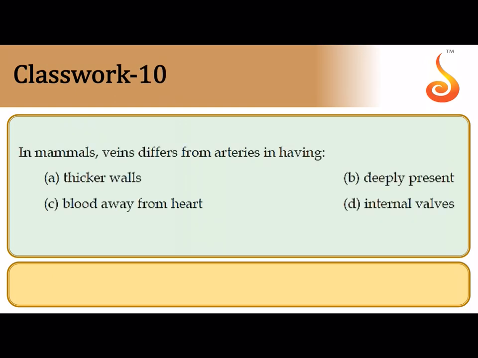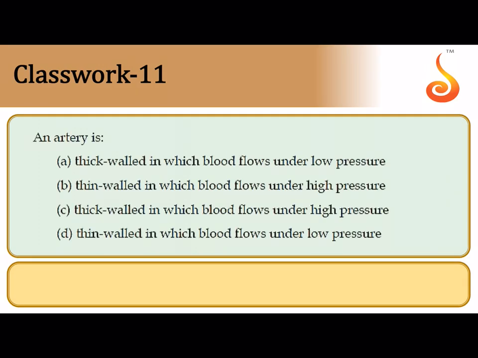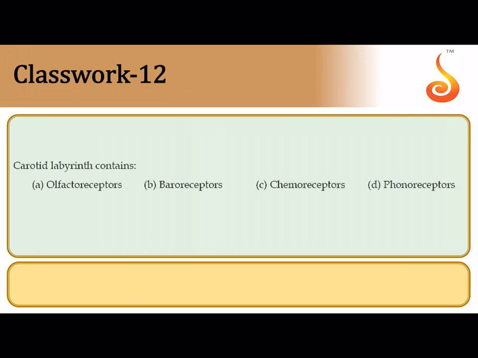In mammals, veins differ from arteries in possessing internal valves. Veins have valves inside. An artery is thick walled and the blood flows under very high pressure, which is why arteries have a very thick wall. The carotid labyrinth contains receptors which detect blood pressure variation, and such receptors are called baroreceptors.